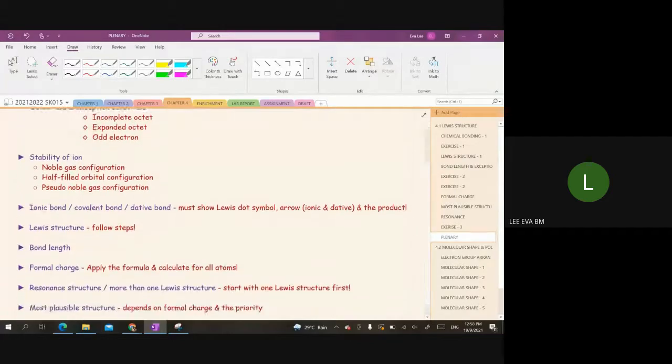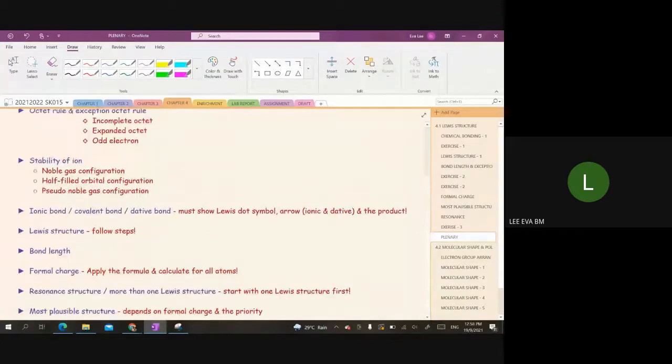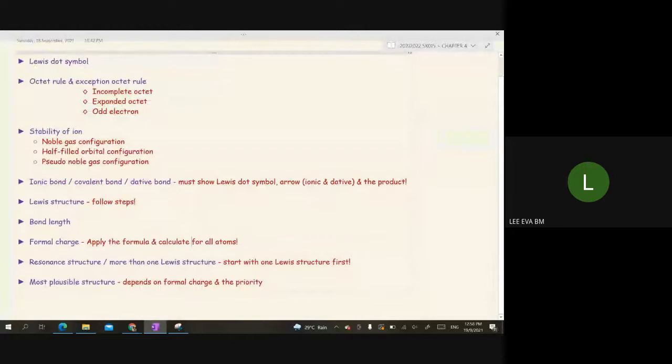So we see what we have completed today. Lewis structure, our octet rule and also the exceptions: incomplete, expanded, and also odd electron. We have the stability of ion, noble gas, half orbital, pseudo noble gas. We have our ionic bond, covalent bond, dative bond.